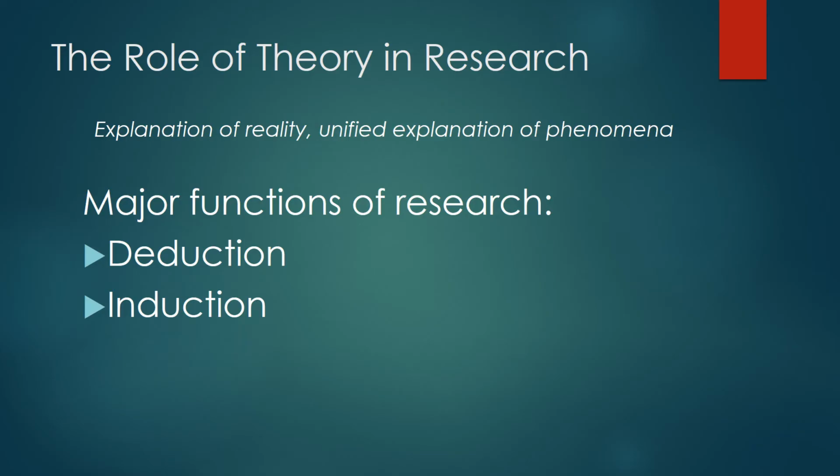Think of theory in terms of connection with the 2 major functions of research. Okay? With deduction, and this is not the mathematical deductiveness, this is the research deduction. Deduction, we start with a theory. And from that theory, we deduce a hypothesis. Remember, I said a hypothesis is a prediction of what the outcome will be.